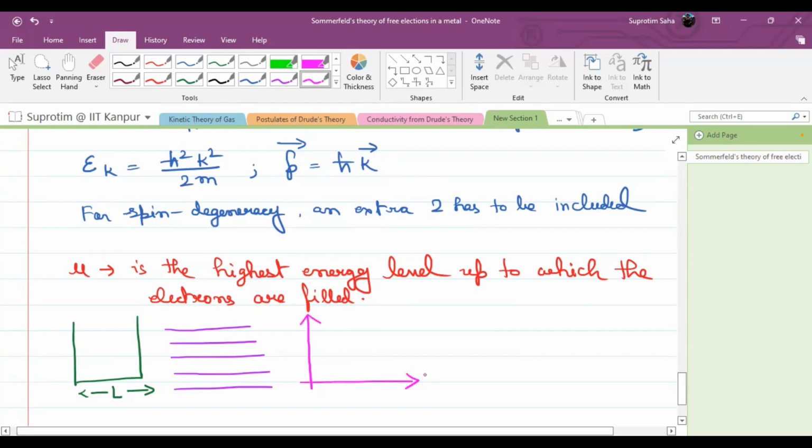Notice, let's say up to this level you have filled the levels with electrons. So this point is marked as mu.